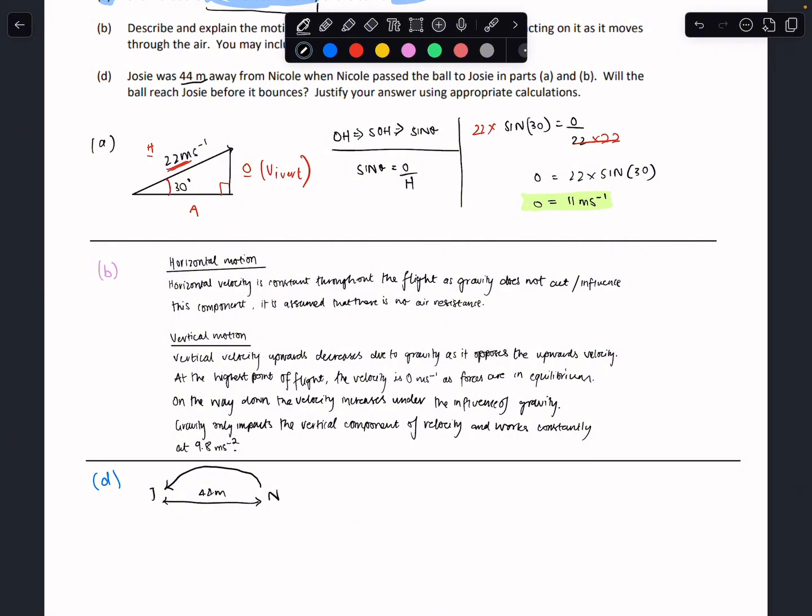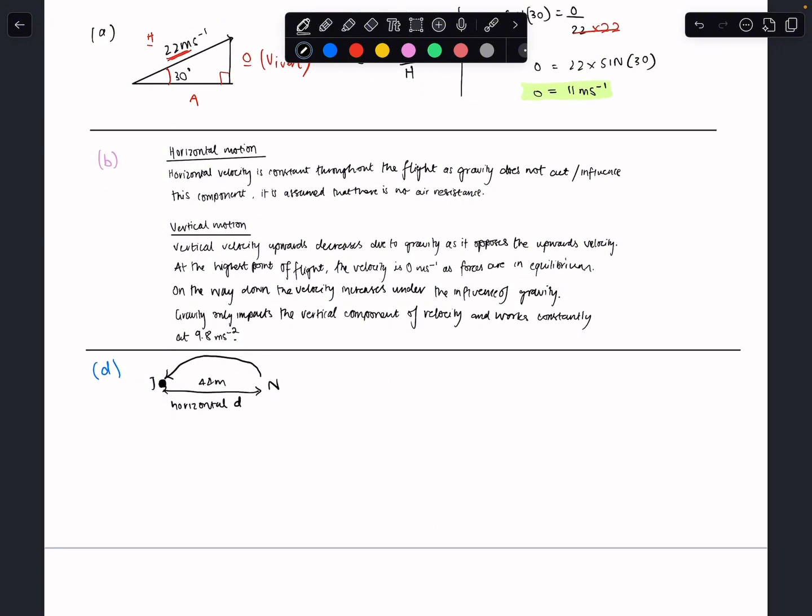Okay, and so we need to figure out if the ball will reach Josie before it bounces, okay? So essentially what this question is asking us is how far will this ball go? So we need to figure out the horizontal distance. How do we do that?